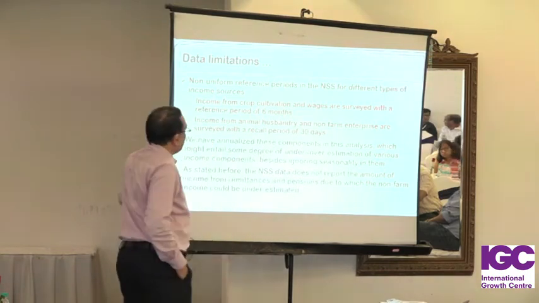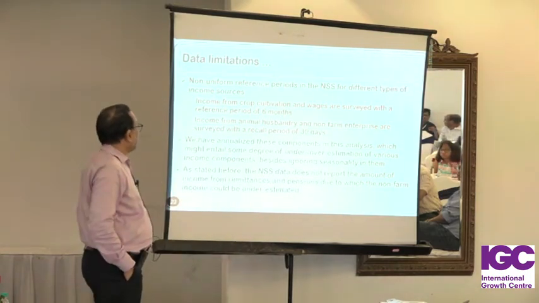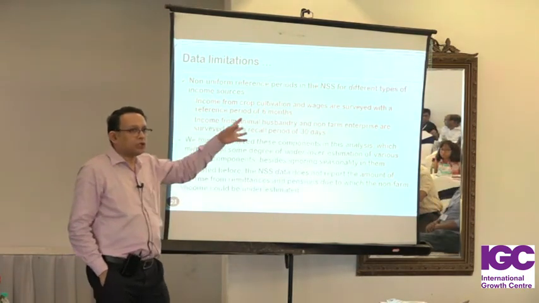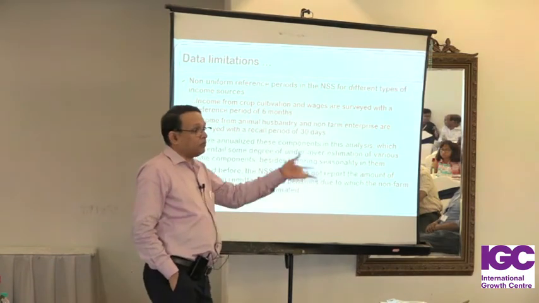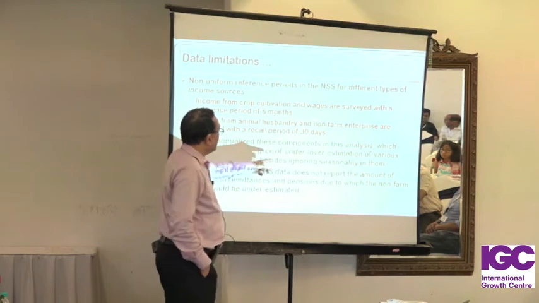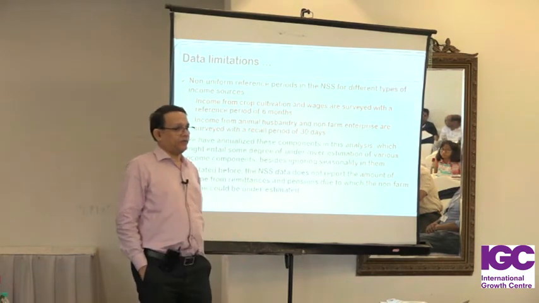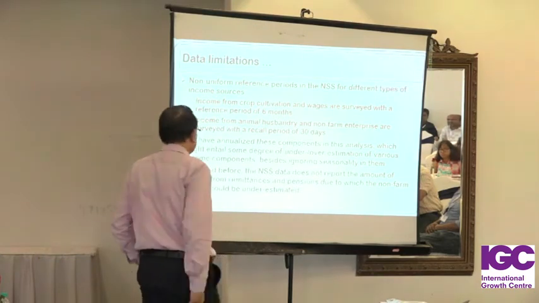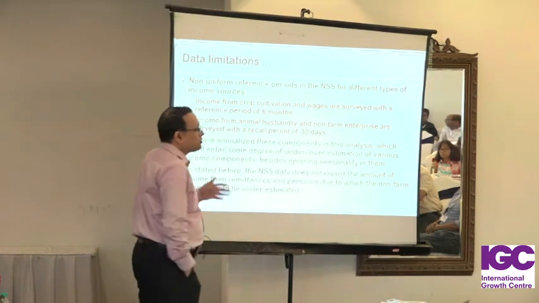So we have to annualize those components. And to that extent, there are certain issues that crop up. We may be overstating, understating, but more importantly, the seasonality is lost. So they could be subject to seasonality effects, but we just don't know.